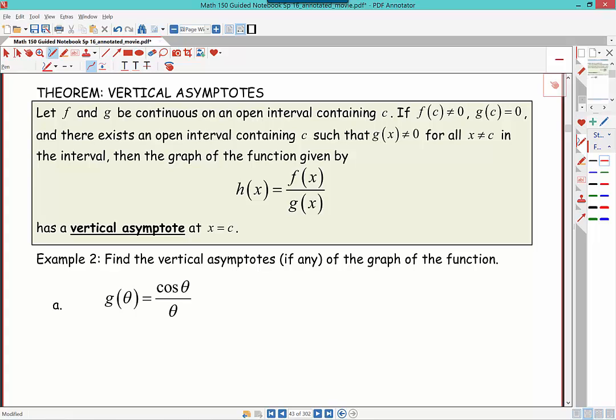And then there also has to be an open interval containing c such that that function in the denominator is not always 0. If that's true, then you get a vertical asymptote at x equals c. So you can tell by the format of the end result of the limit if you're going to get a vertical asymptote, which is pretty awesome.